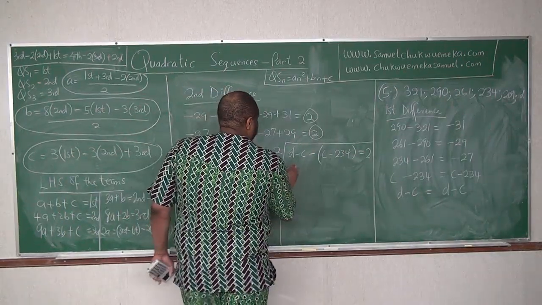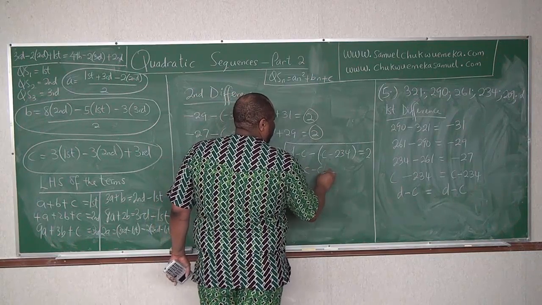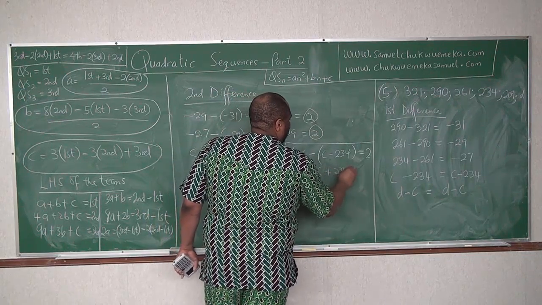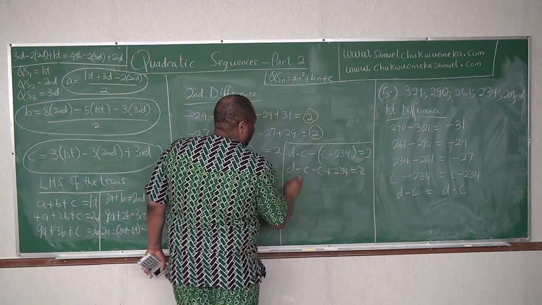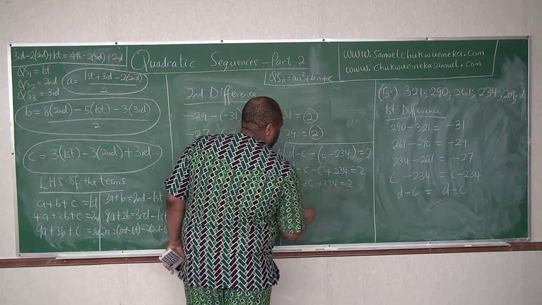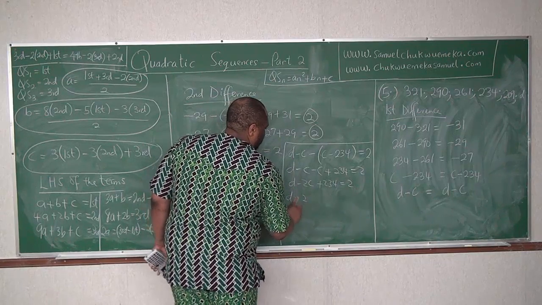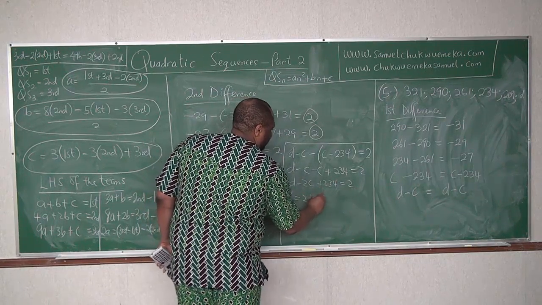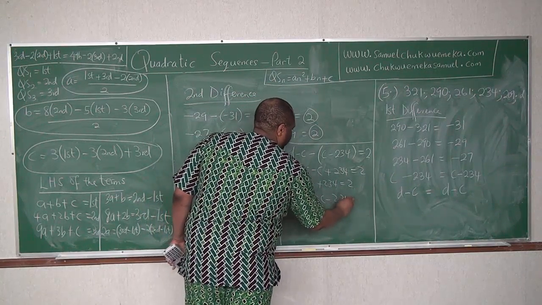So this will give us D minus C plus 234 is equal to 2. So this is D minus 2C plus 234 is equal to 2. So D will be 2 plus 2C minus 234.